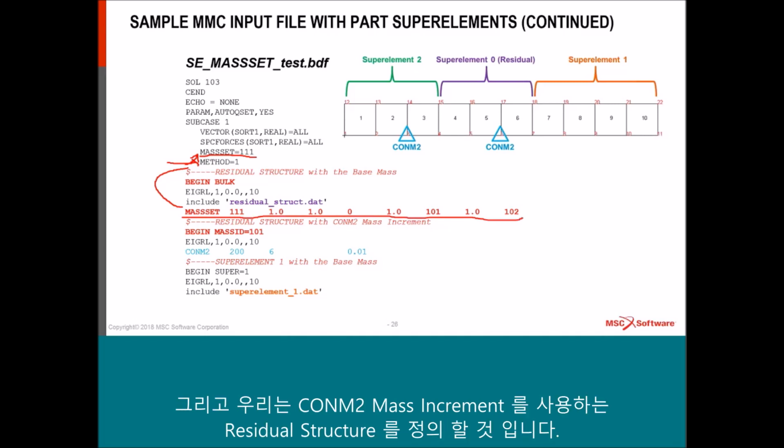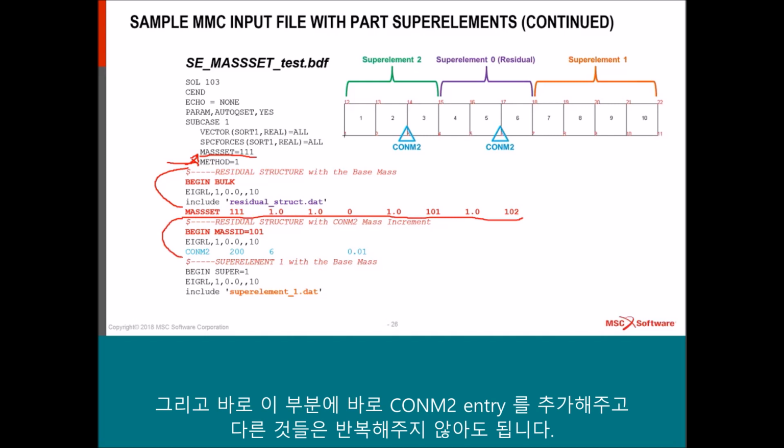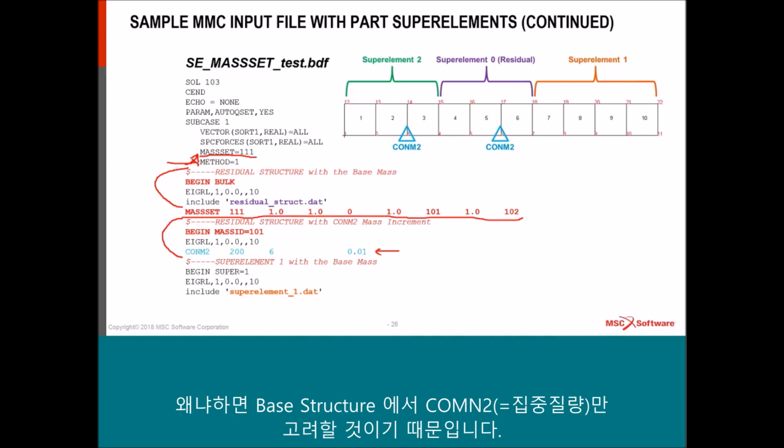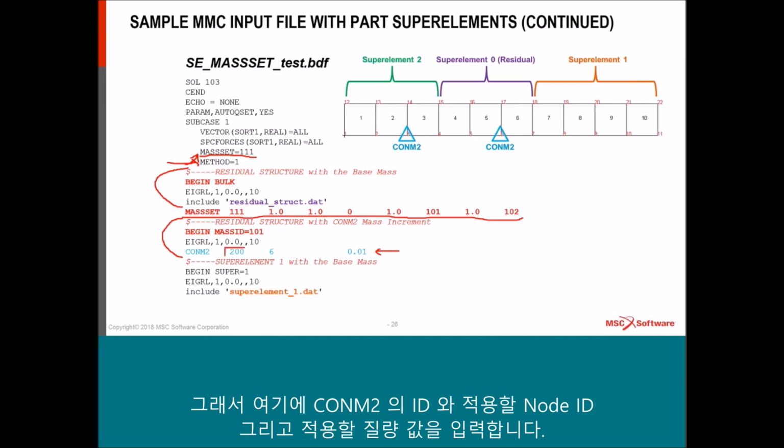Next, we have the residual structure with the CONM2 mass increment itself. Here, we're just adding the CONM2 directly into it. We're not really repeating anything, because we're just adding a CONM2 to the base structure. So here is the ID of the CONM2, the node at which it's applied, and the mass of the CONM2 itself.